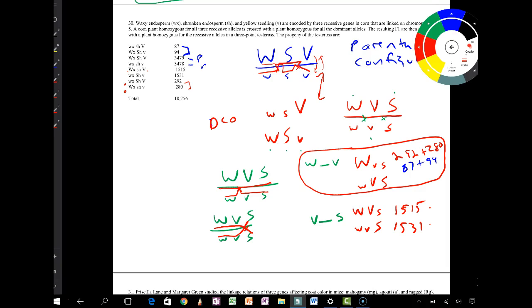Always add in the double crossovers, because the double crossovers also involve a crossover between V and S. And then you add those all up. Plus 87 plus 94 is 753 divided by 10,756 is 0.07. So W and V are 7%.